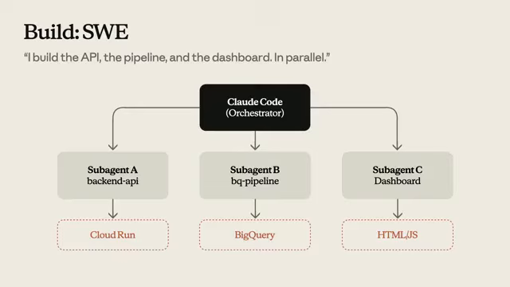And as you can see here, we are going to spin up 3 different sub-agents, one for the API, one for the ingestion pipeline, and the other one for the dashboard. You can parallelize the implementation of each of these components, just like you run a team sprint in your normal, usual development lifecycle. So let's see this in action as well.